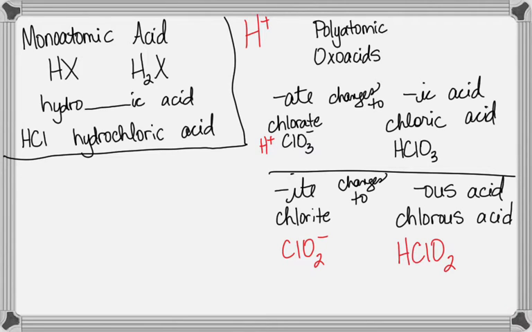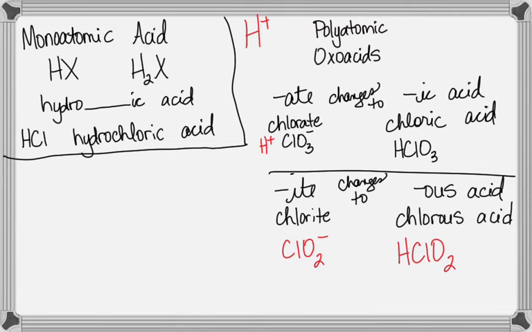Okay? Sulfuric acid came from what polyatomic ion? Sulfate. Are we doing an okay pace here on thinking through and walking? Okay, so sulfuric acid came from sulfate.